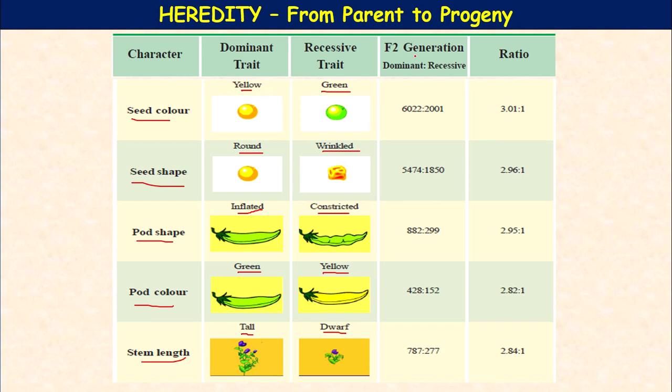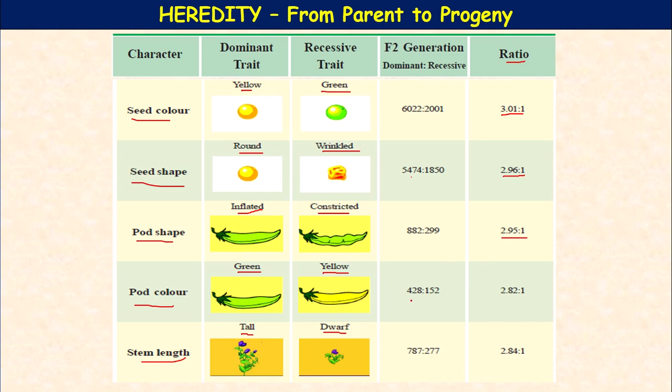In the F2 generation, the dominant and recessive ratio: if you take 6022 to 2001, that is in the seed color, the ratio is 3.01:1. The seed shape, 5474 to 1850, and the ratio 2.96:1. The pod shape, 882 to 299, means dominant 882 and recessive 299, and the ratio 2.95:1.